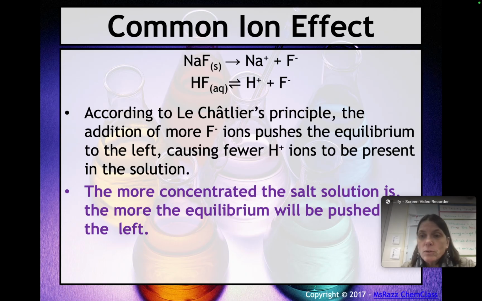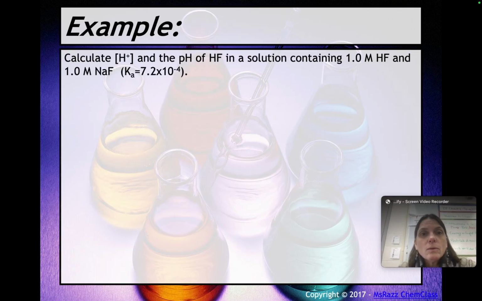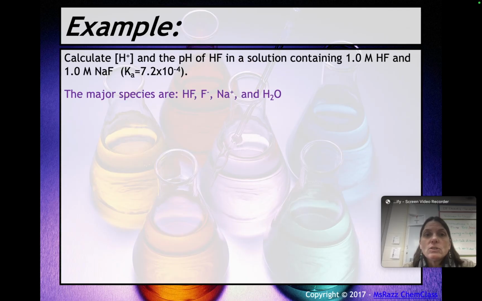All right, so now we're going to go through the example. When we have a weak acid system like this, the first thing we need to do is think about what's in the solution. Remember, weak acid means that one of the primary species in the reaction is the weak acid itself, the HF, because weak acids do not dissociate very much in solution.